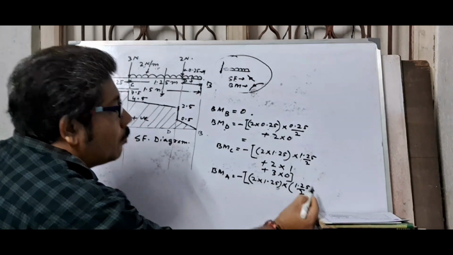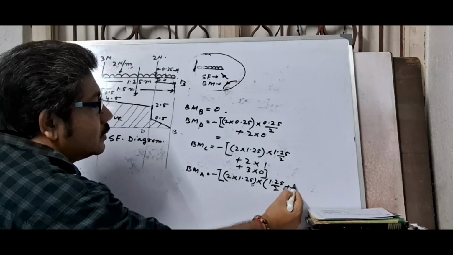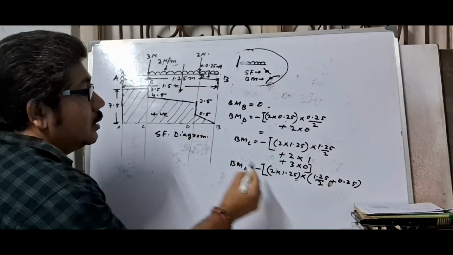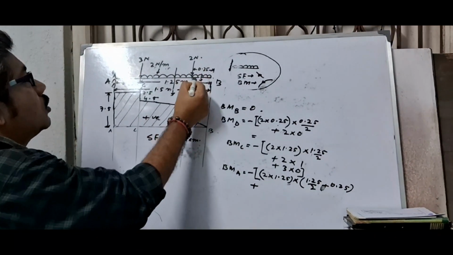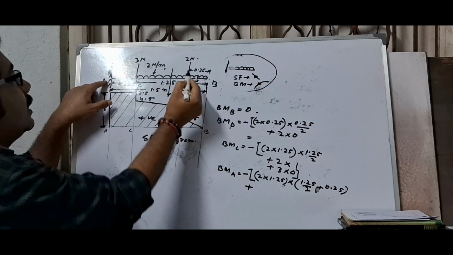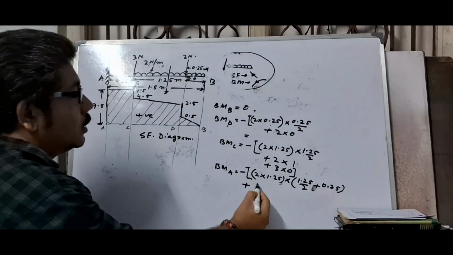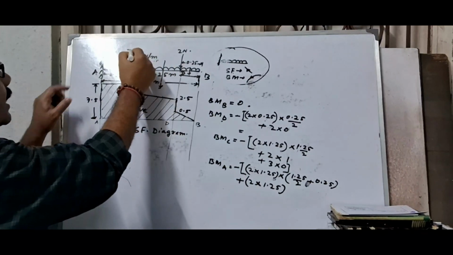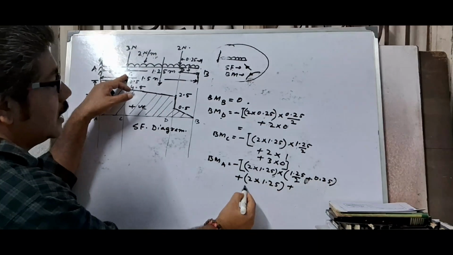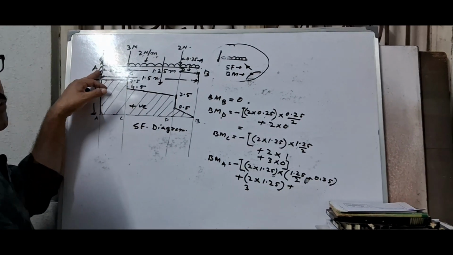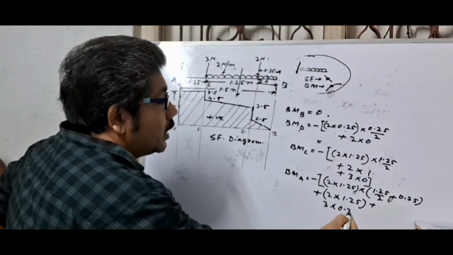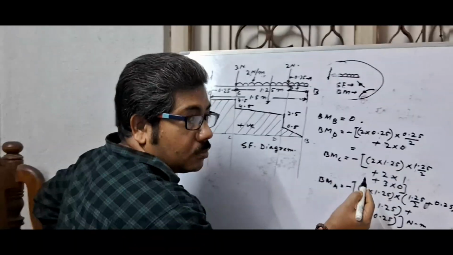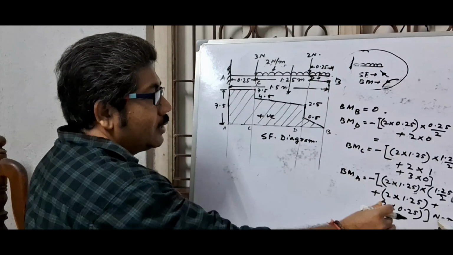For this UDL, plus the point load acting at point D, you are taking moment at point A, so the distance is 1.25, so 2 into 1.25 for the point load. Another point load at point C, plus 3 at point C and you are taking moment at point A, so the distance is 0.25. These are all Newton meter. You calculate this value.